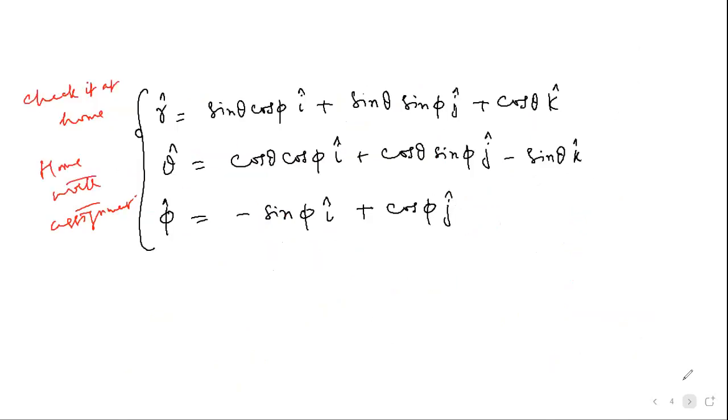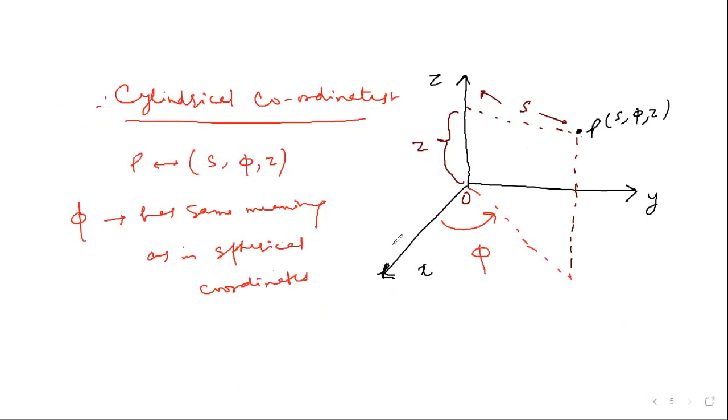Z is the same as in Cartesian coordinates, that is, it is the distance of the point from the origin along the z-axis. Only one thing which is different is S.